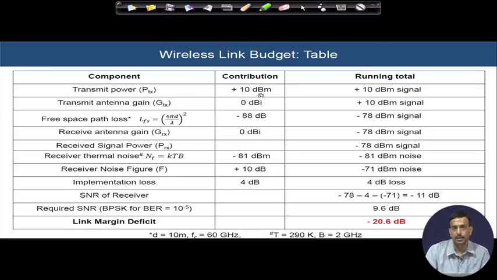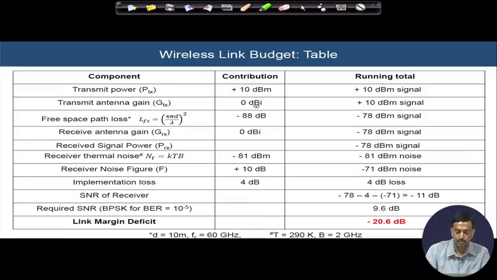Most of the practical 60 gigahertz transmitter systems will operate in a range of PTX equal to 10 dBm to, let's say, about 25 to 30 dBm. So we will take the lower end of that, and as an example we will just assume that we have a transmit power of 10 dBm, with 0 antenna gain.